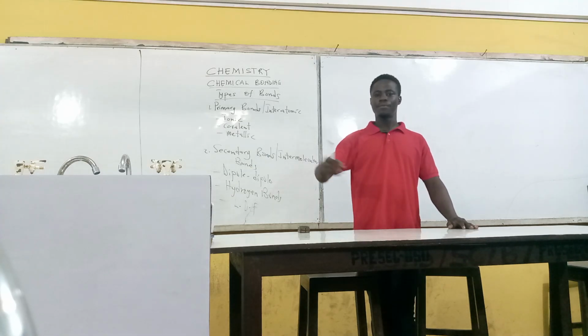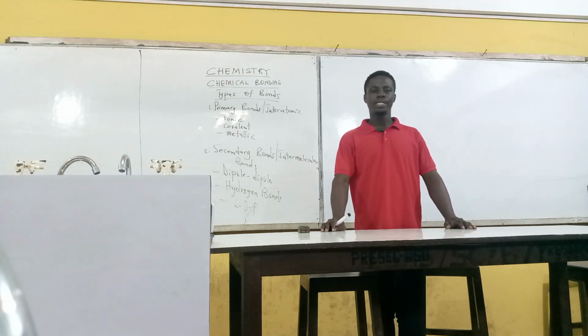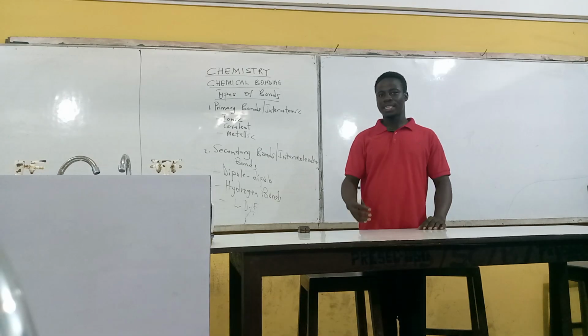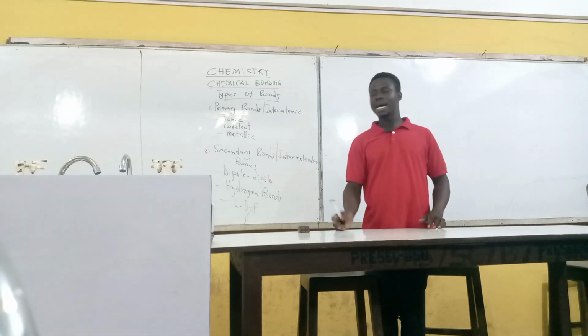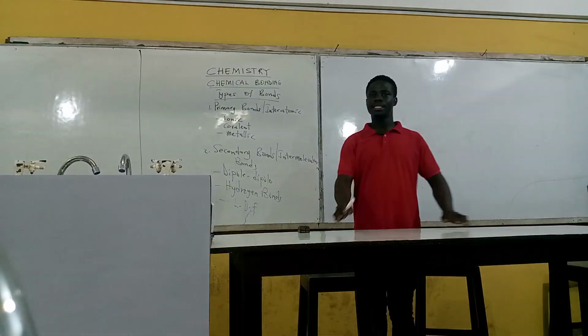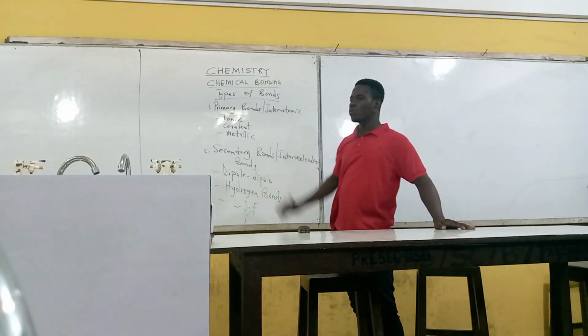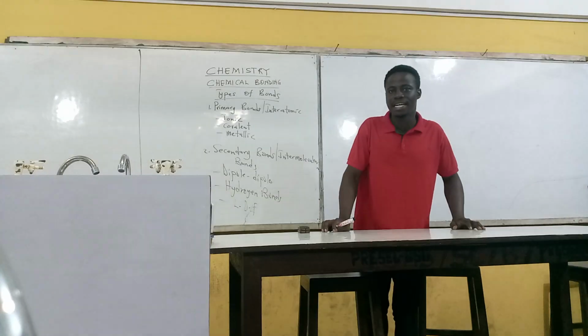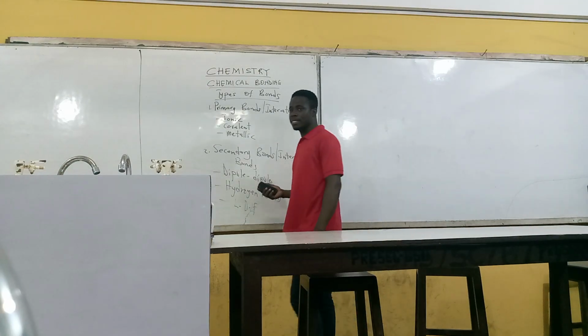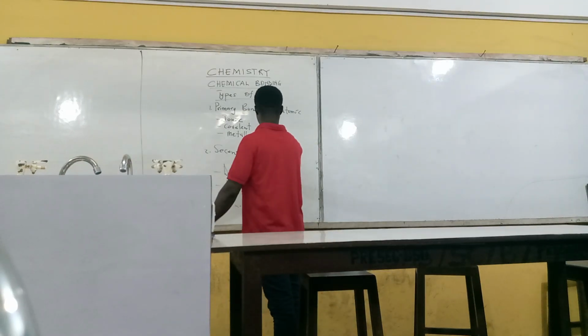After the video, we shall be looking at the strength of these bonds, which one is stronger than the other. For this time around, you can generalize by saying that these primary bonds are stronger than the secondary bonds. Let's talk about the first primary bond.